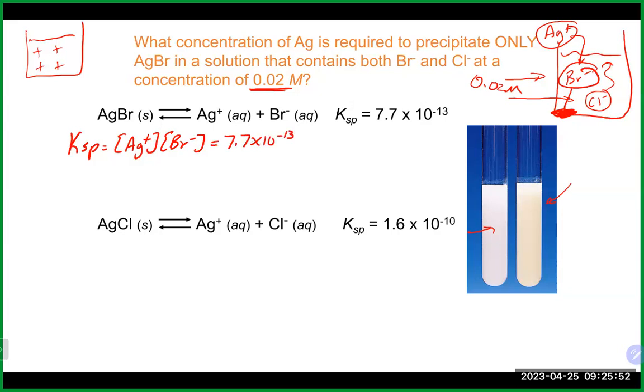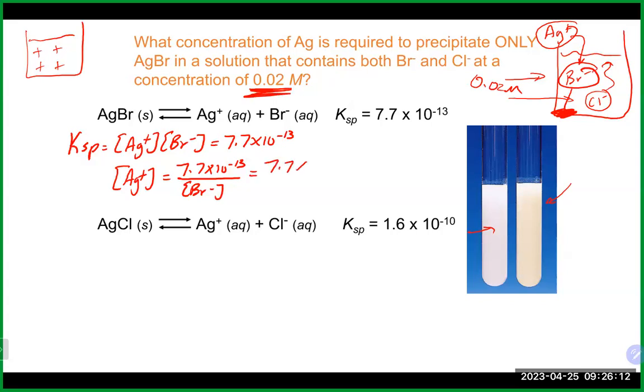I am interested in how much silver I need to add. So if I solve for the concentration of silver, it would equal 7.7 times 10 to the minus 13 divided by the concentration of my bromide ions, which I luckily know is 0.02.